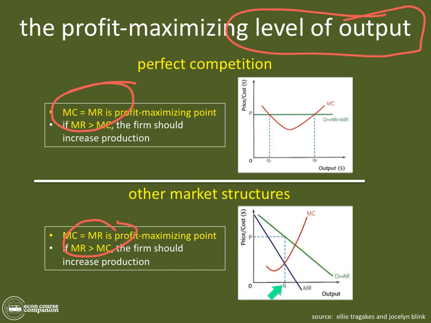And this Q becomes exceptionally important. And as we talk about abnormal profit or normal profit or a loss, this quantity is the quantity that as a result of the profit maximizing intersection of MC equaling MR, is going to give the firm the highest chance of being profitable.